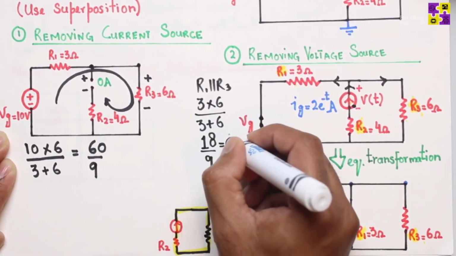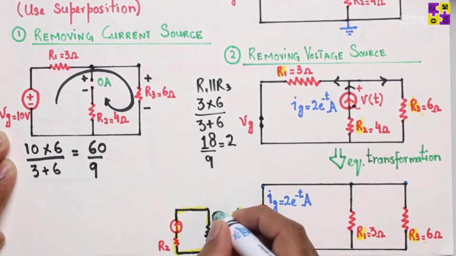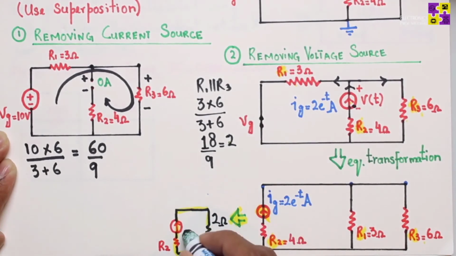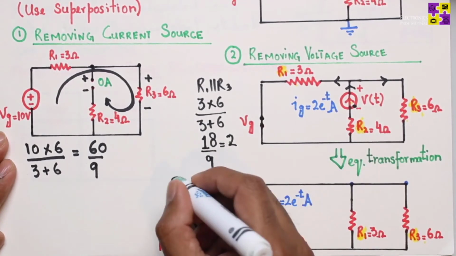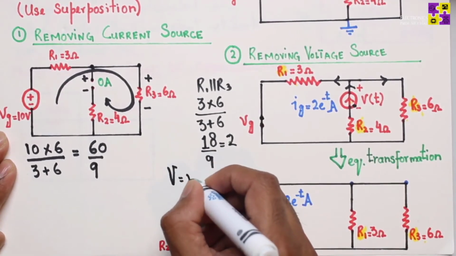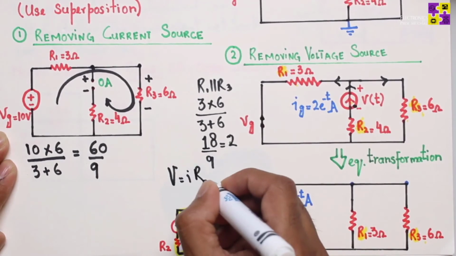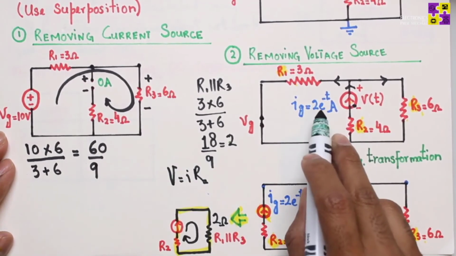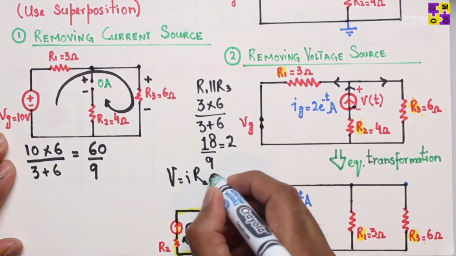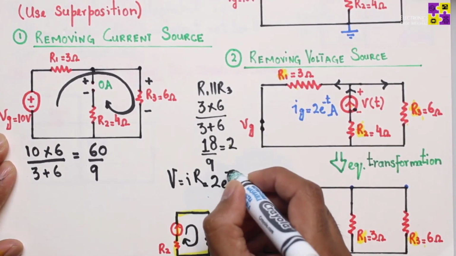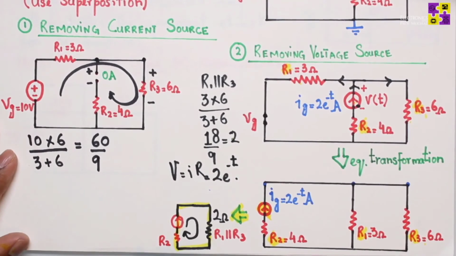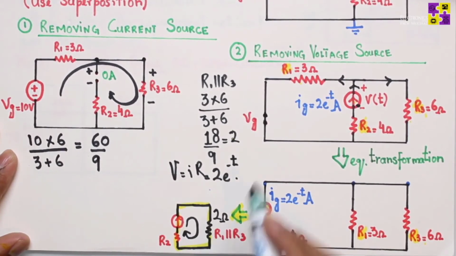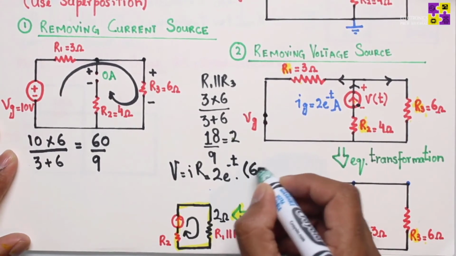So that would be equivalent to 2, right? So this means this is 2 ohms, right? Now this is a series circuit here, and we can just simply apply Ohm's law. V equals I times R. I is how much? 2 to the power e minus t. Resistance of this network is now R2, remember, is 4 ohms, correct? 4 ohms. So 4 plus 2, that is 6, correct?